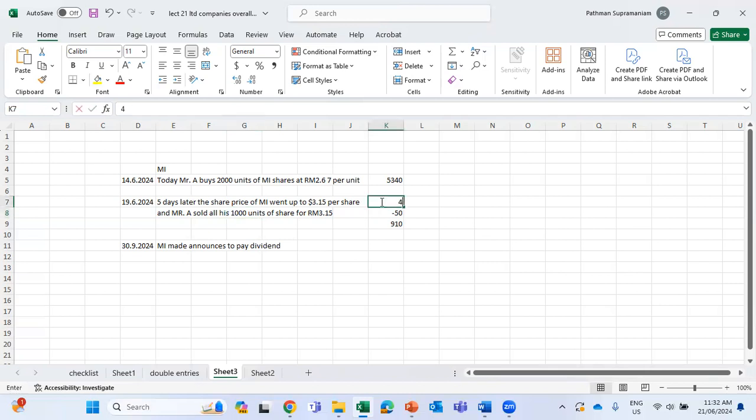So his profit is 480, right? He bought 2,000 units, he sold 1,000 units, so he still has another 1,000 units and will get dividend on them. Do you understand?